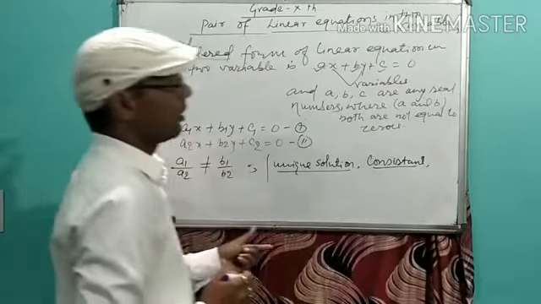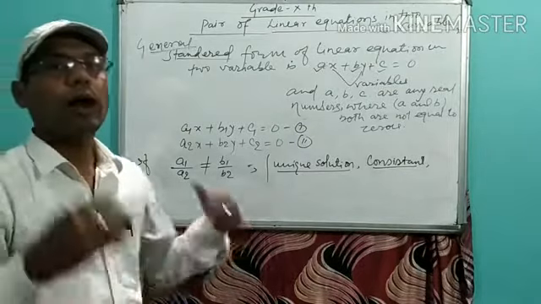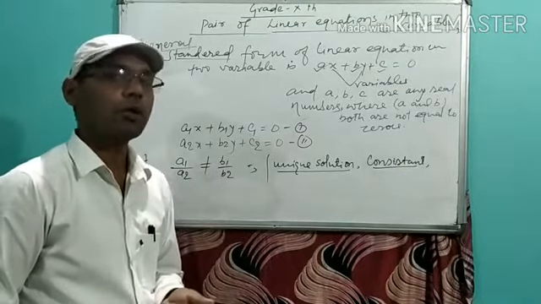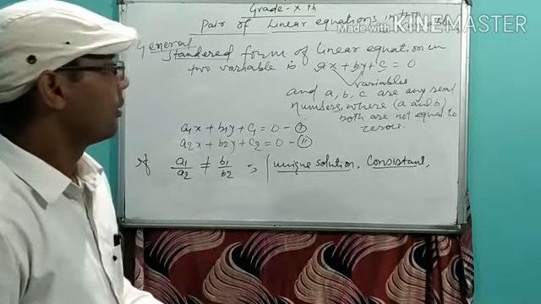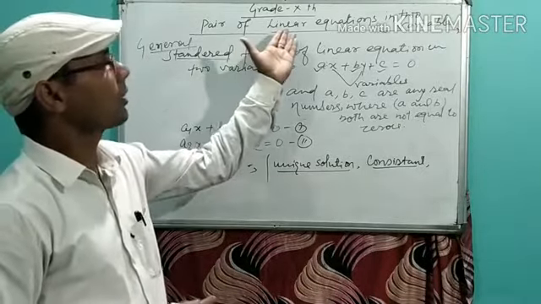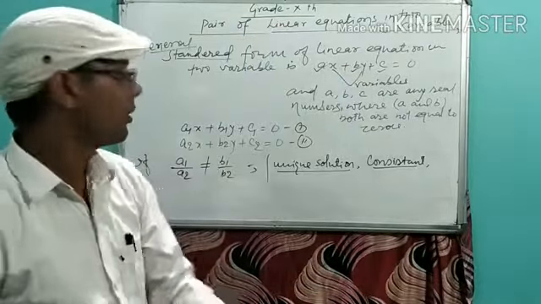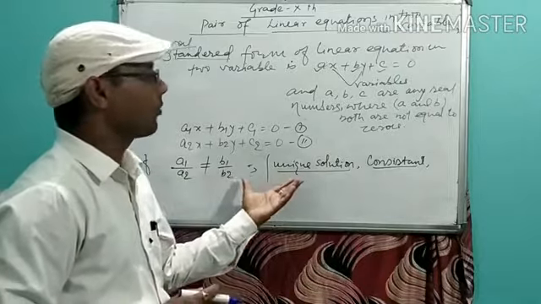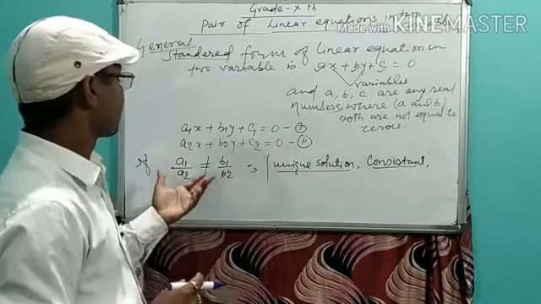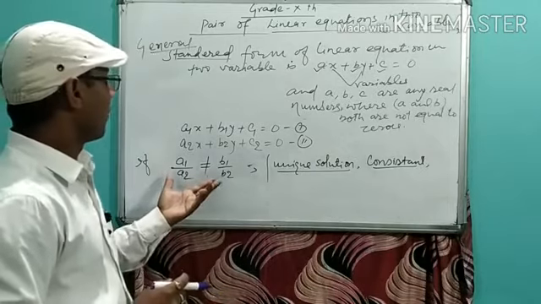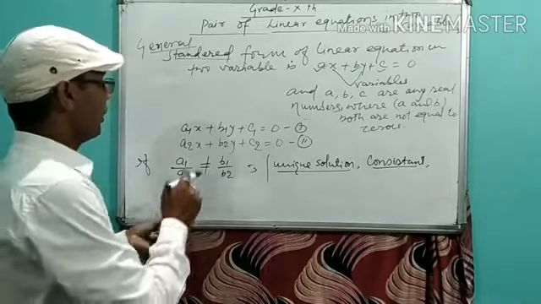And suppose we have to represent it on the line graph. Always the linear equation's line graph will be a straight line. But here I am talking about the condition a1 by a2 is not equal to b1 by b2.